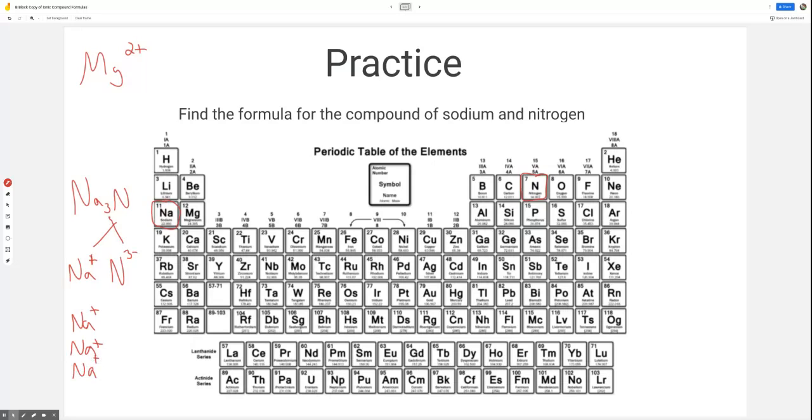That's what the 3 in the formula tells us, that there's 3 sodium ions in this group. And then there's 1 nitrogen in the group because the formula says N with no number next to it. So 3 sodiums, each sodium has a +1 charge. That's a total of +3. The nitrogen, 1 single nitrogen ion has a charge of -3. So that's how I end up with a neutral compound.